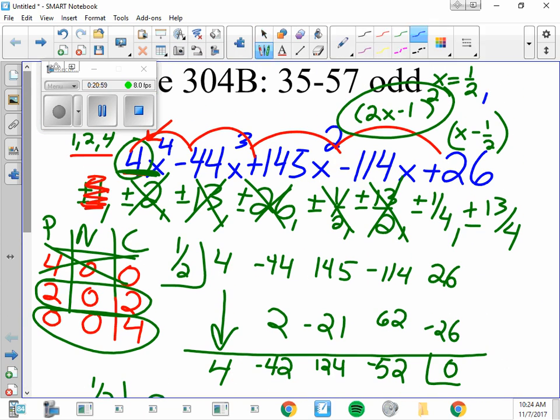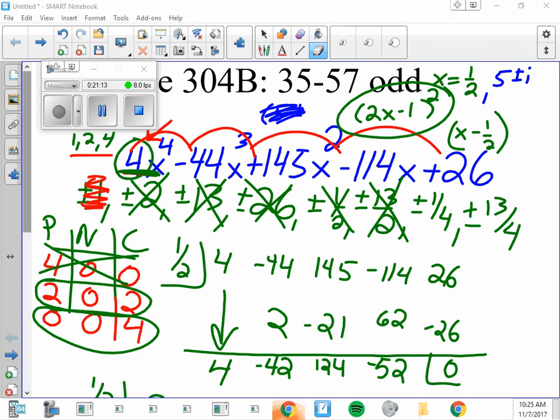So my roots are 1/2 multiplicity 2, because there are 2 of them, and then 5 plus or minus i. So my factors, it's going to be x minus 5 plus or minus i.